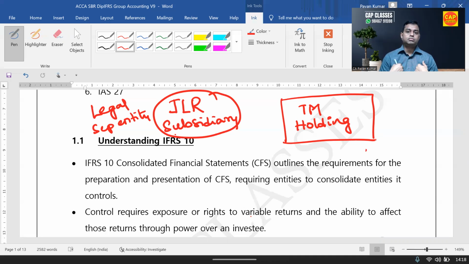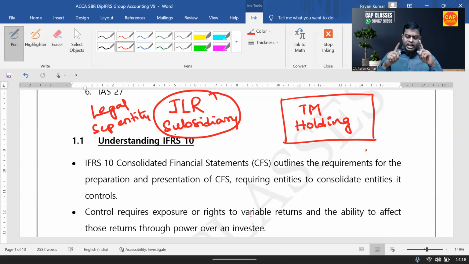Indirectly, Pavan. Pavan invested in Tata Motors. Tata Motors invested in JLR, means Pavan invested in JLR, no? So from the point of view of Pavan, JLR is not a separate entity. It is an extension of Tata Motors for me. It is an integral part of Tata Motors.